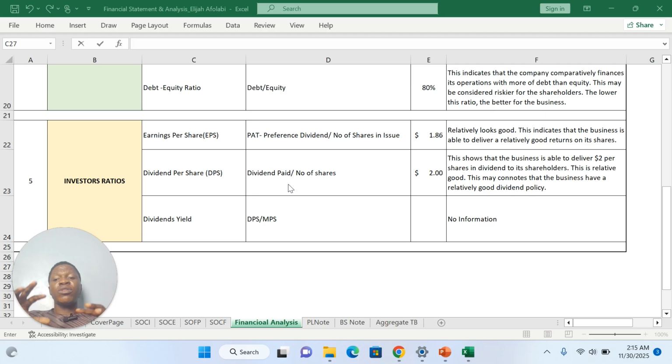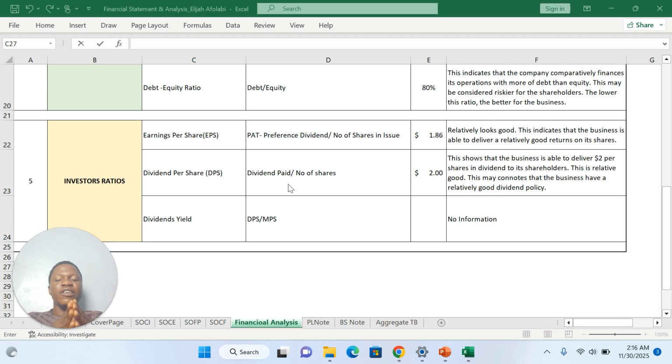We've also mentioned business growth strategies in the course of these lectures. So that is what dividend policy is all about, just making sure that decisions are made around the dividend of the company. So what this shows is that each unit of share is worth $2 in terms of dividend. And of course, the dividend yield, which is your dividend per share over the market price of your share, we are not able to calculate in this case because the information was not provided in the books of Early Finance.